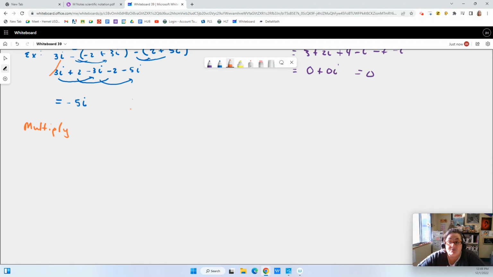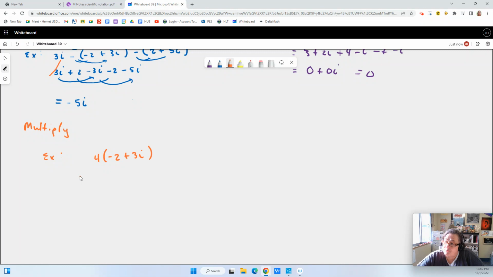The difference is sometimes you're going to get these squares on your i, and you're going to have to make that square -1 and then find your solution from there. So say I have 4 times -2 plus 3i, right?